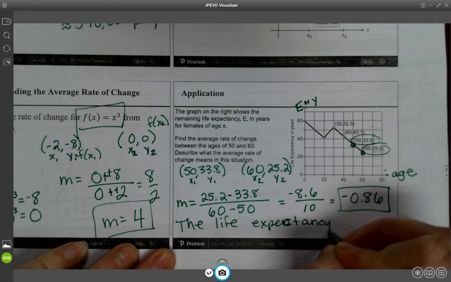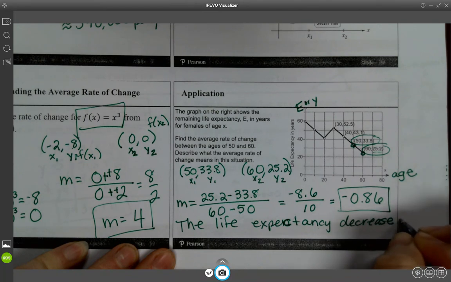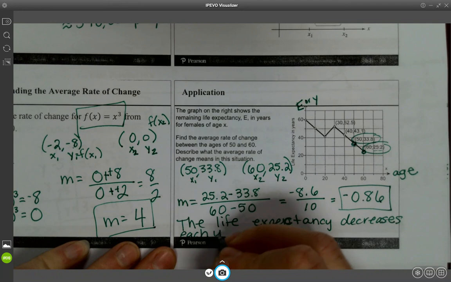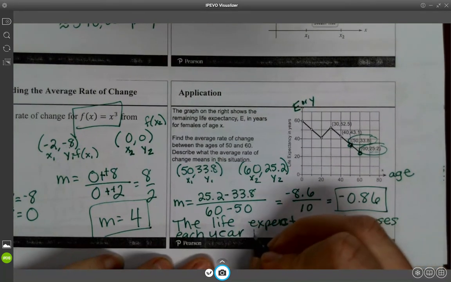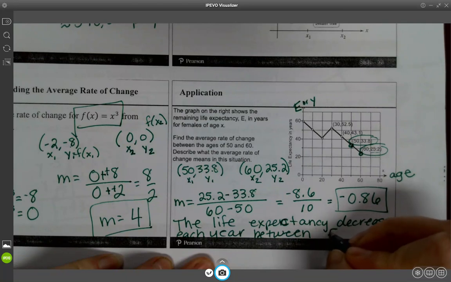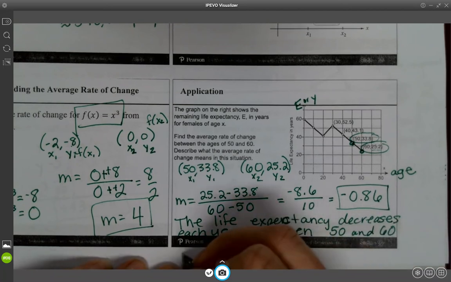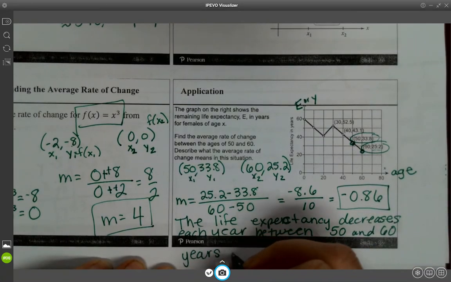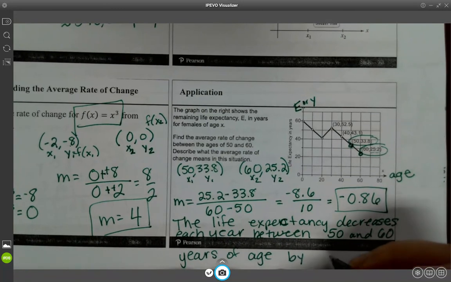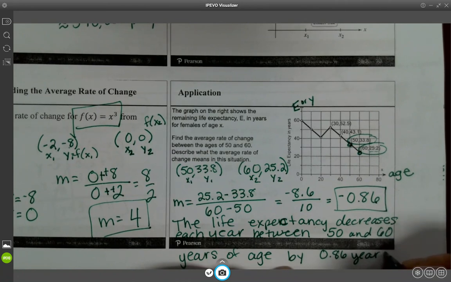Life expectancy decreases each year between 50 and 60 years of age by 0.86 years.